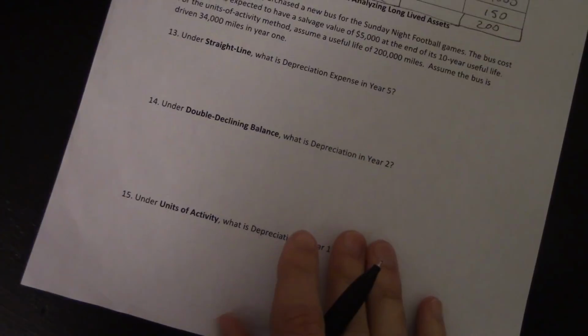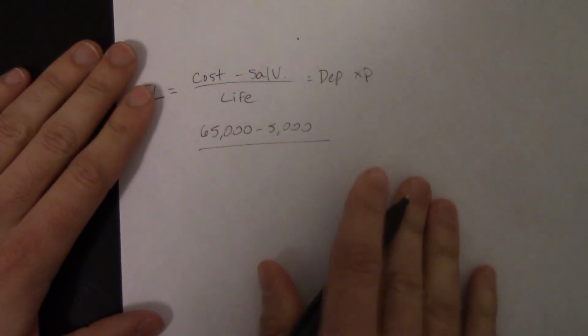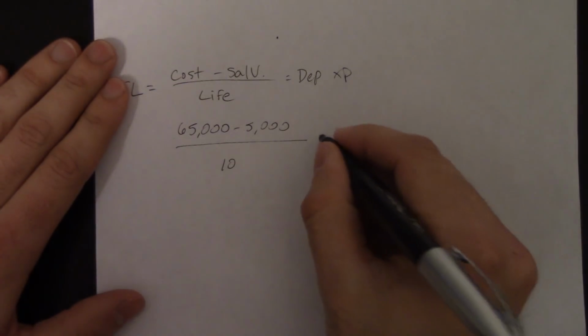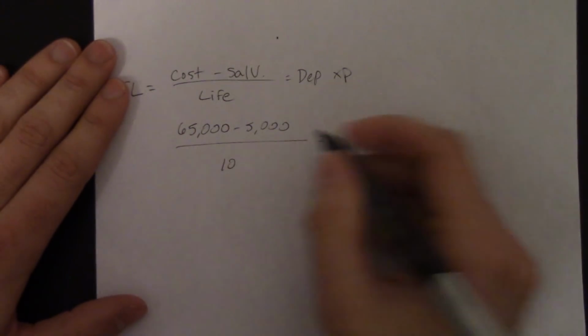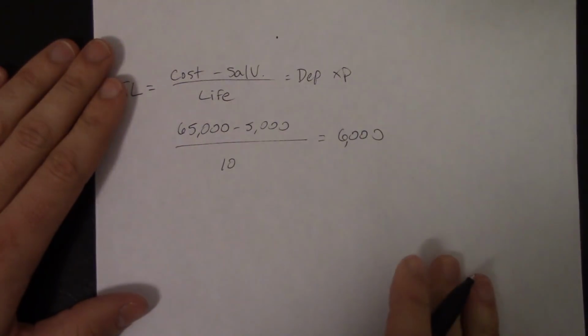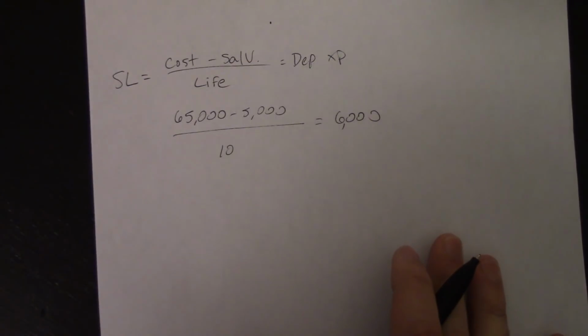And it's a $5,000 salvage value. So 65 minus $5,000 divided by a useful life of 10 years. And that will give us $6,000 as our depreciation every year. So the question is asking, what's the depreciation expense in year 5?